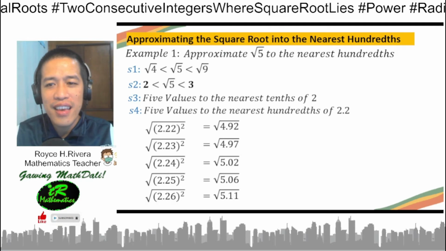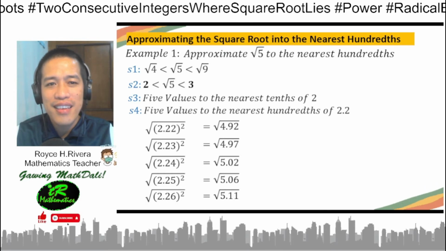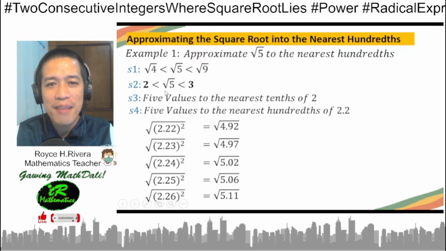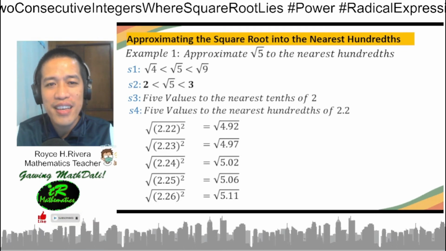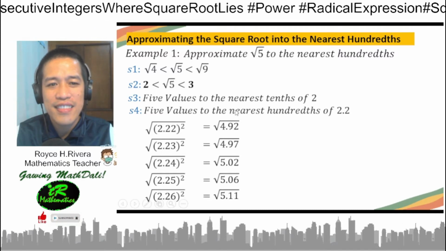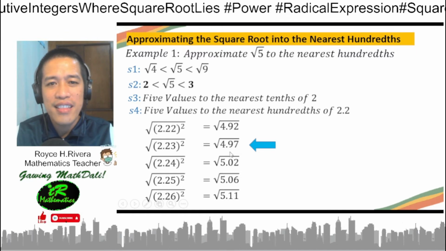Now, we will get the closer estimated value of the given radical expression. Pinakamalapit sa square root of 5, but not more than square root of 5. At ito yun. The square root of 4.97.